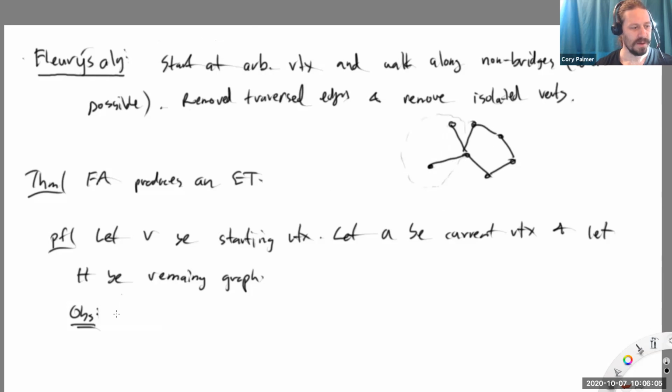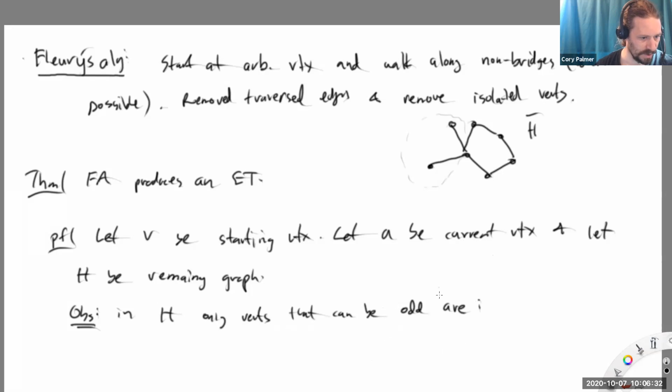But the point is, in H, there's only a couple of vertices that are candidates for being of odd degree, right? This is kind of like the complement of H, the edges that are actually drawn, those get removed. Which vertices are candidates for having odd degree?